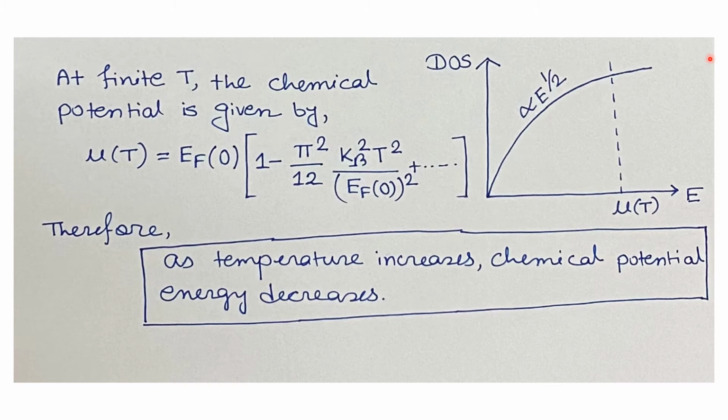The density of states versus energy plot for a three-dimensional system looks like this. So that is, the density of states varies as E to the power half.